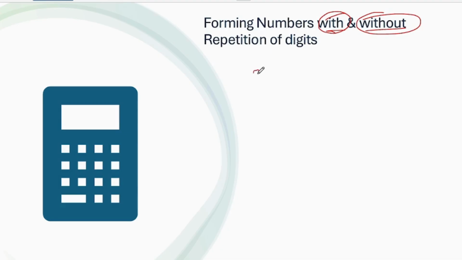Let's say the question is: form the greatest 4-digit number from the given digits 2018. How does it change with and without repetition?